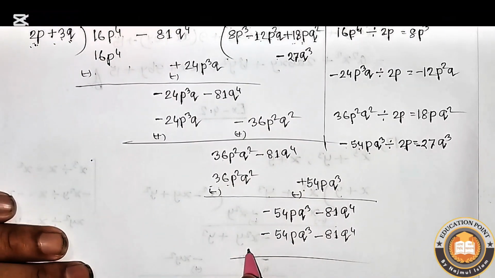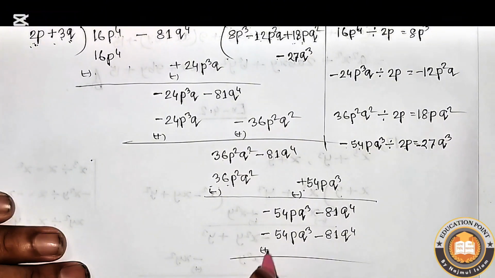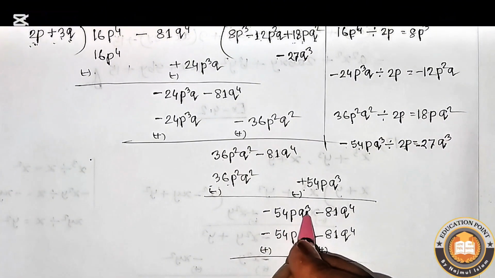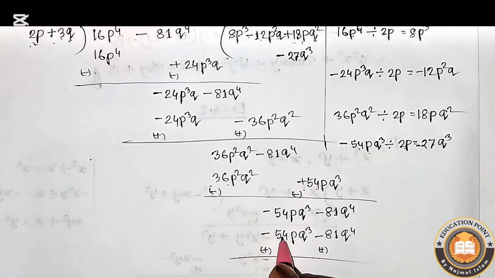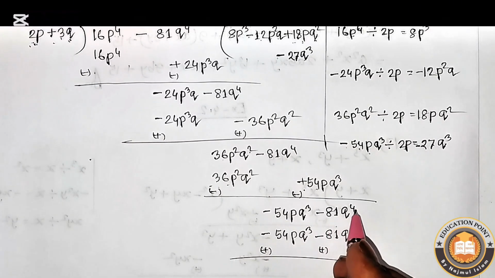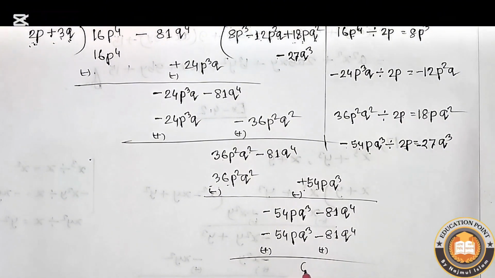According to the division law, their symbol will be changed. Minus 54 p q cube plus 54 p q cube equals 0, minus 81 q to the power 4 plus 81 q to the power 4 equals 0.